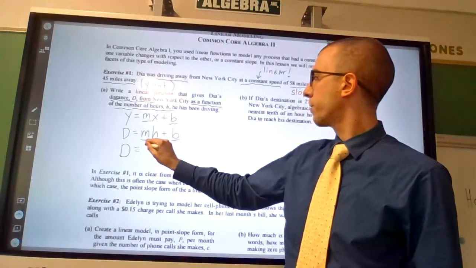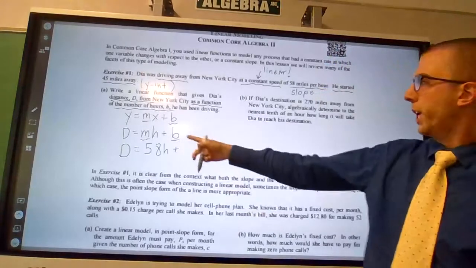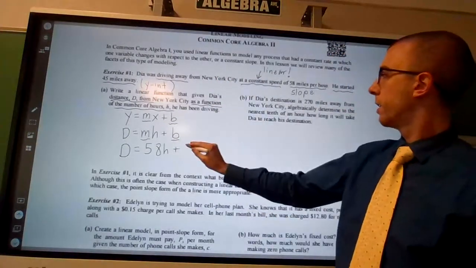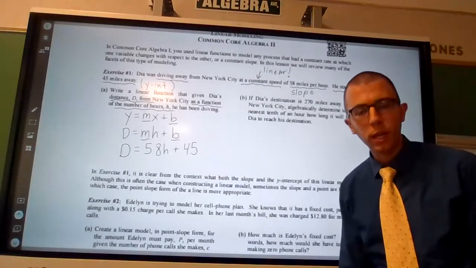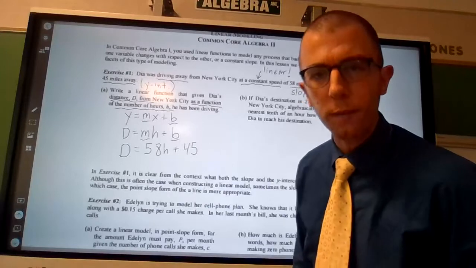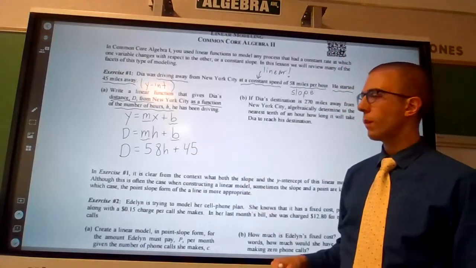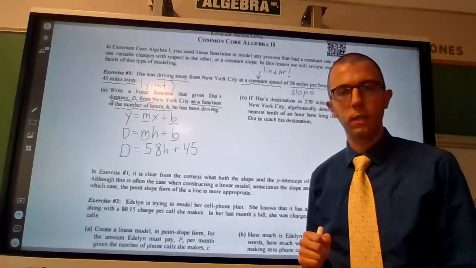So D equals 58H plus B, which is our y-intercept, which is where Daya started from. That was 45. So D equals 58H plus 45 is a perfect linear function that models this scenario here.